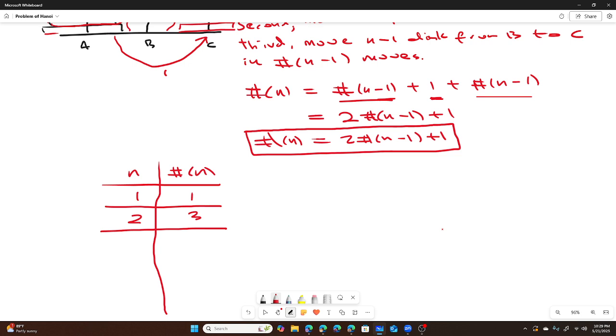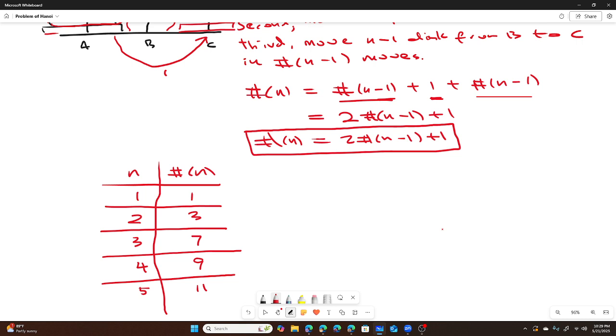If there are three disks, we're going to use this function, and it's going to be 7 moves. If there are 4 disks, it's going to be 9. If it's 5 disks, it's going to be 11.